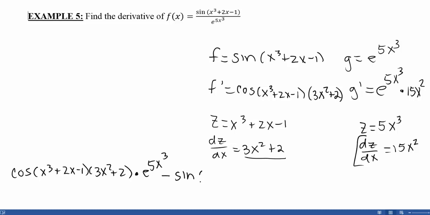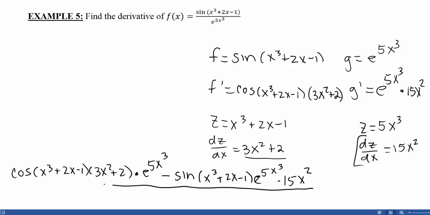So sine of x cubed plus 2x minus 1. That's my f times g prime, which is e to the 5x cubed times 15x squared, all divided by g squared. So we have e to the 5x cubed squared.